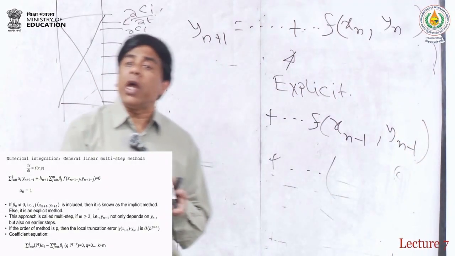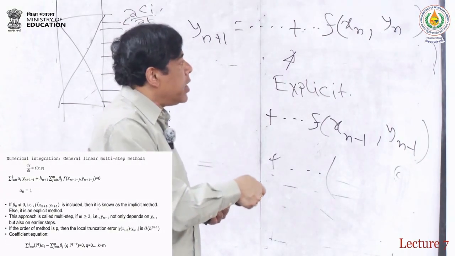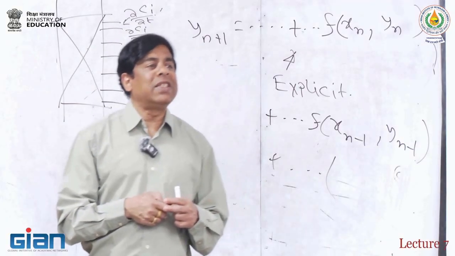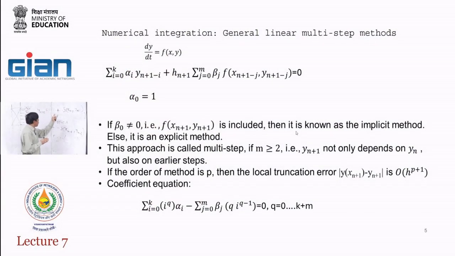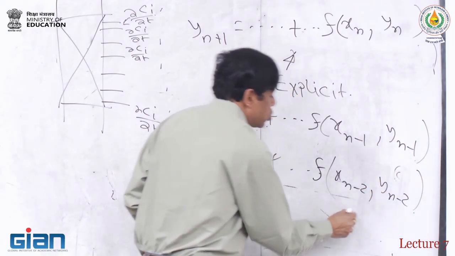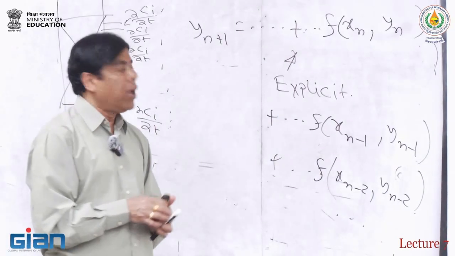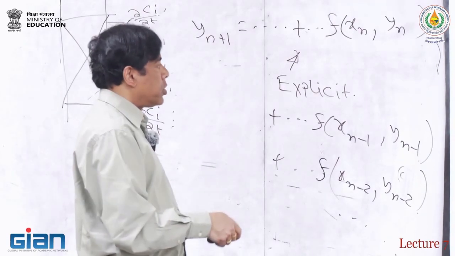As we keep increasing, when we have these previous terms being considered, we call it a multi-step approach. So I'm saying I want to find the value at y n plus 1. It not only depends on n or n plus 1, but also on n minus 1, or maybe even going further I can consider x n minus 2, y n minus 2, and so on and so forth. When I consider these, they are called the multi-step approaches. Okay.